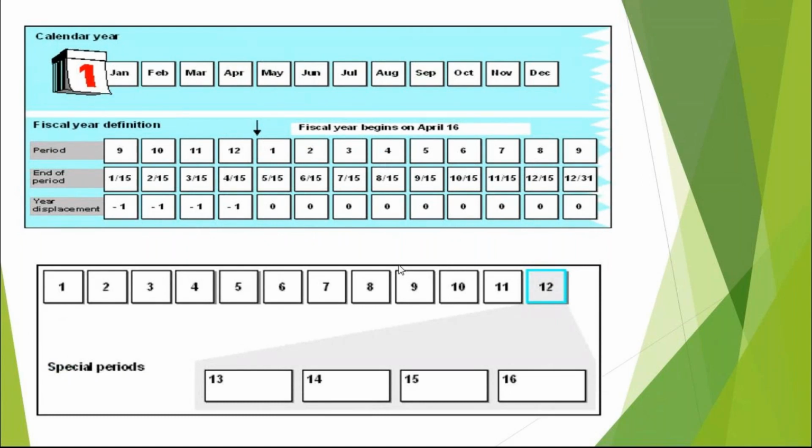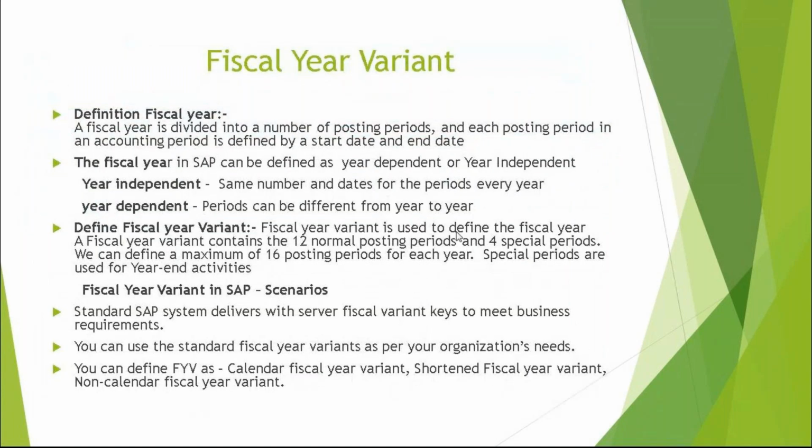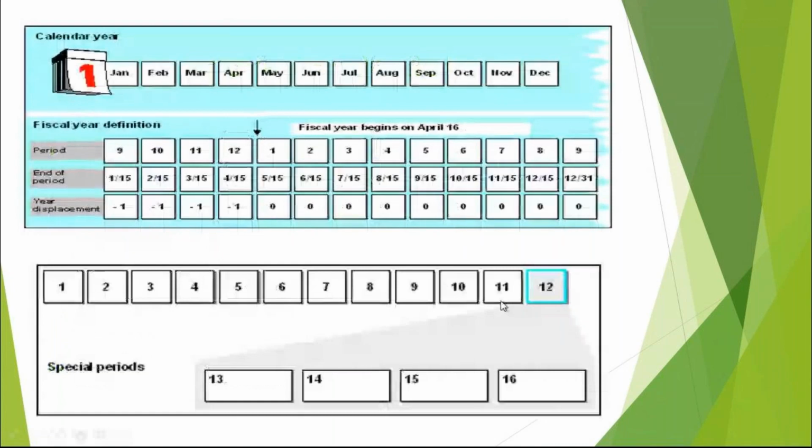So the activities whatever we have, we will be doing under those 4 months, so we call that also special periods. Totally we have 16 months of the fiscal posting periods. Okay, yes, sir, understood. Okay. So this is the clear picture of the fiscal year variant.